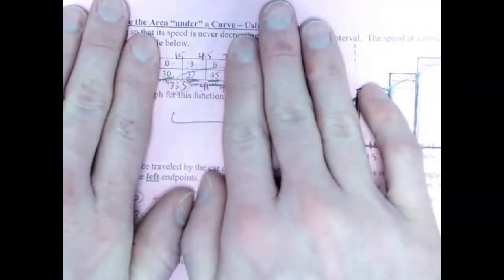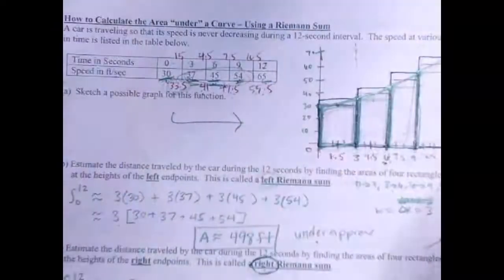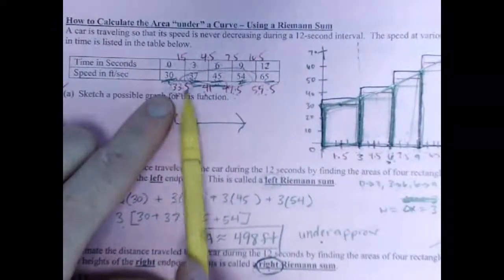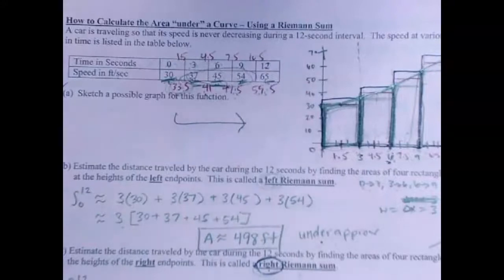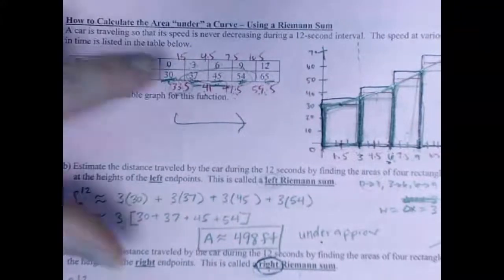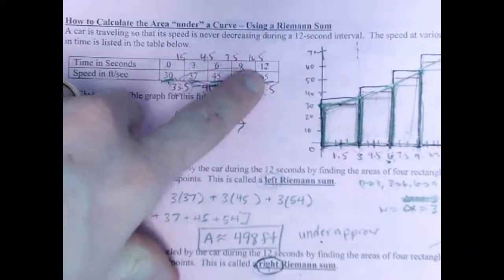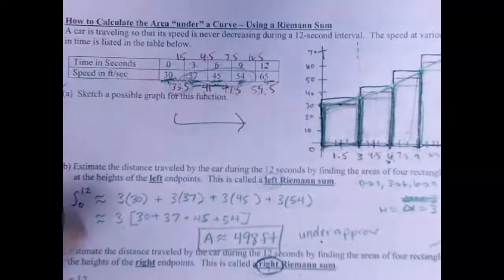Everything would have been in the table, left, right, or middle. And that's how the AP exam is always going to give it to you. You're never going to have to average to figure out what those midpoint values are. It's always going to give you a table that's big enough with the values for you, or it'll give you the function, and you can plug in the midpoint x values to figure out exactly what the y values are.